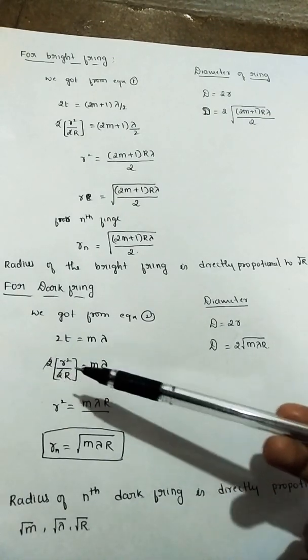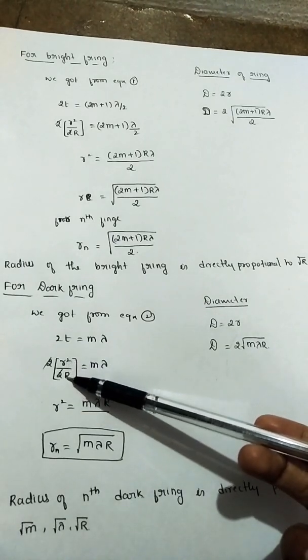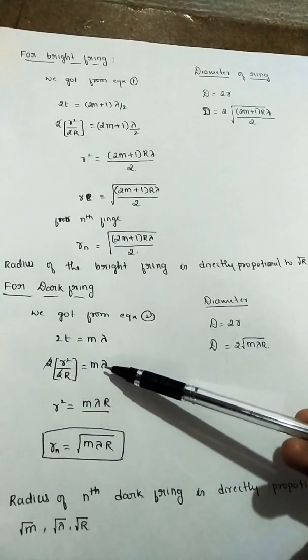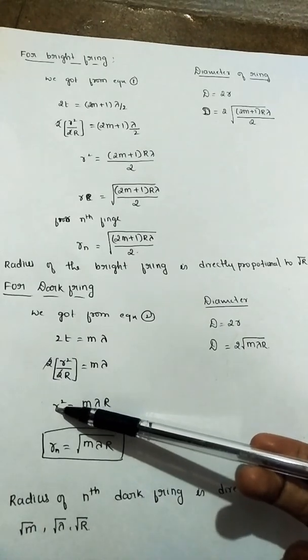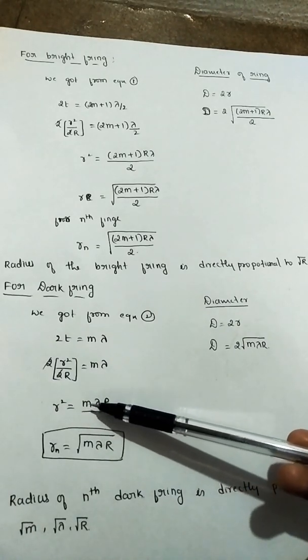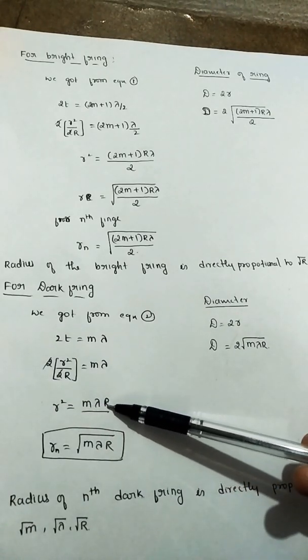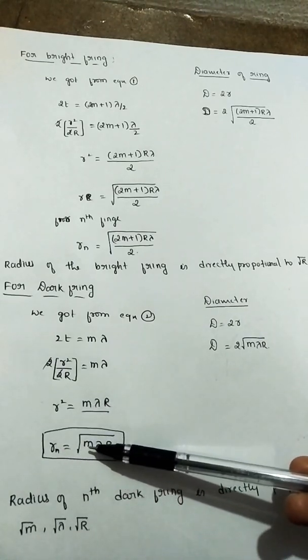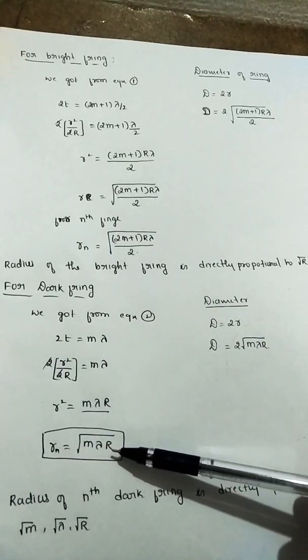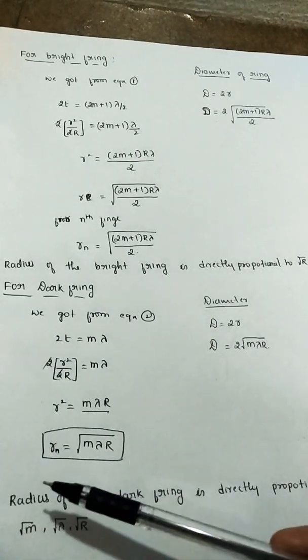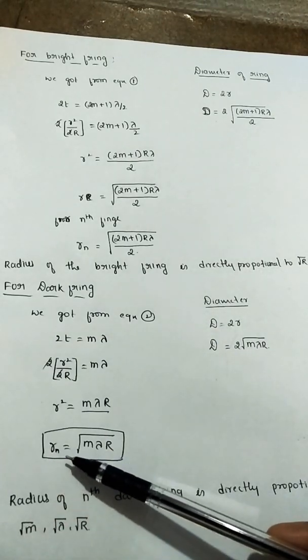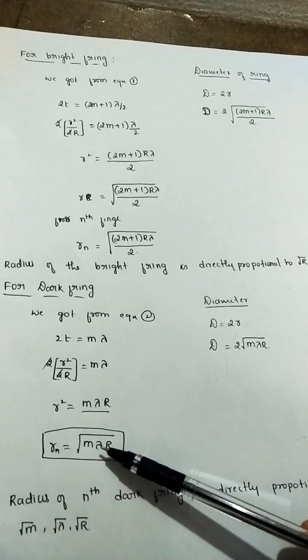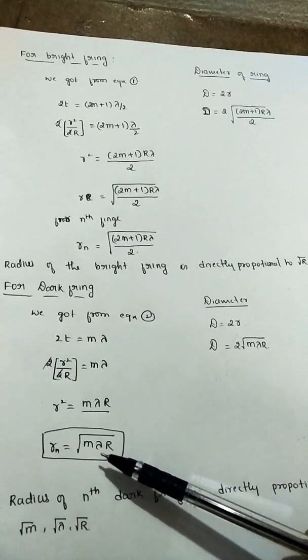Here 2 gets cancelled, then r square divided by capital R is equal to m into lambda. Then we can write r square is equal to m into lambda into R. Then r can be written as square root of m lambda R. For the nth fringe, we can write Rn is equal to square root of m lambda R.